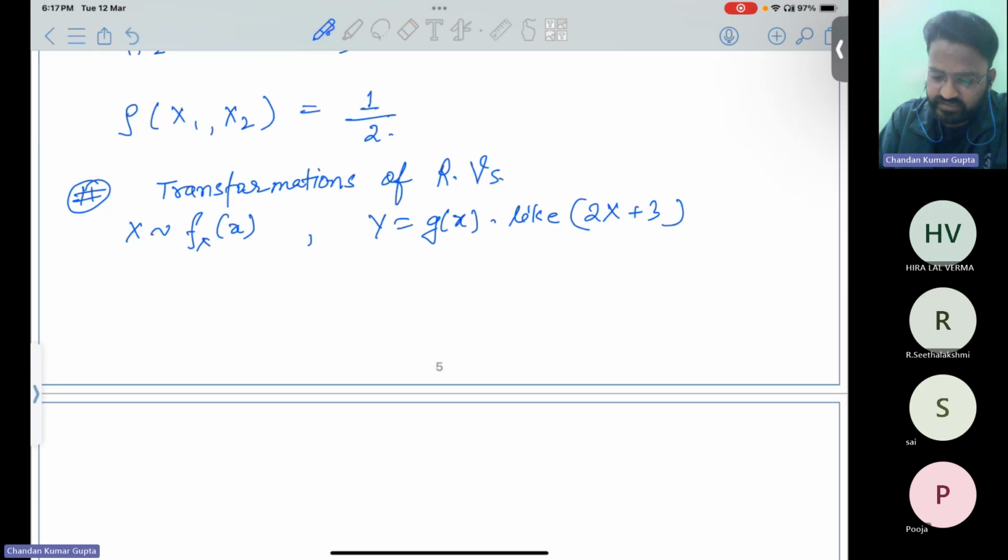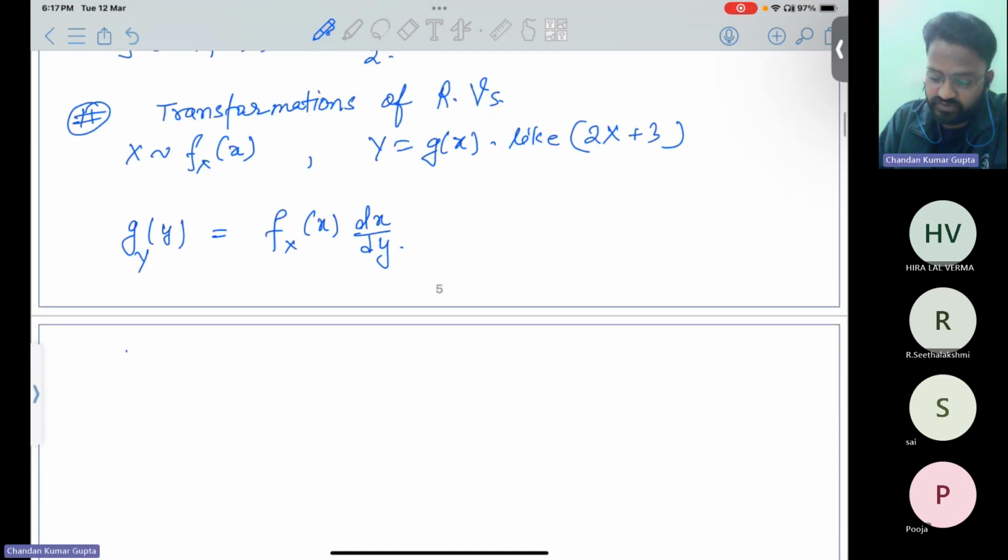We can write it like this for the univariate case, which is equal to f of x times dx upon dy. In case of bivariate, we write u, v as a function of x, y.